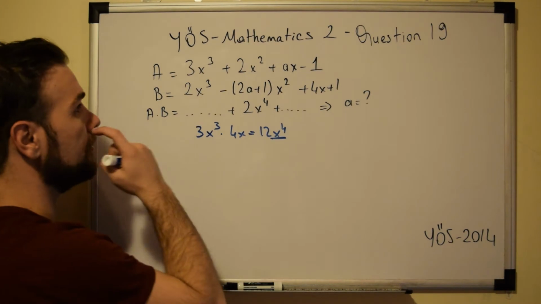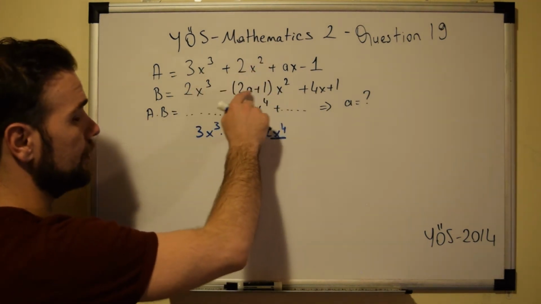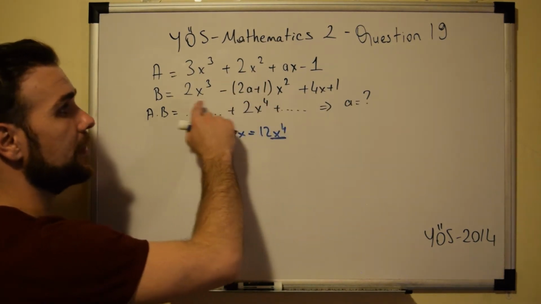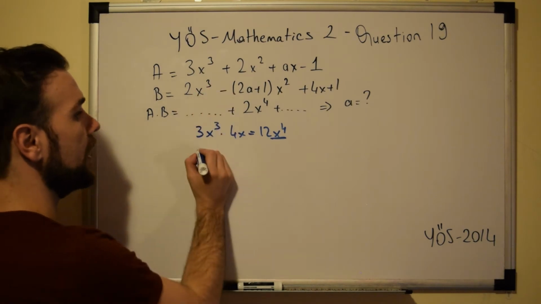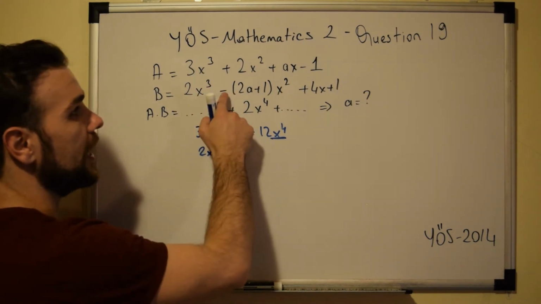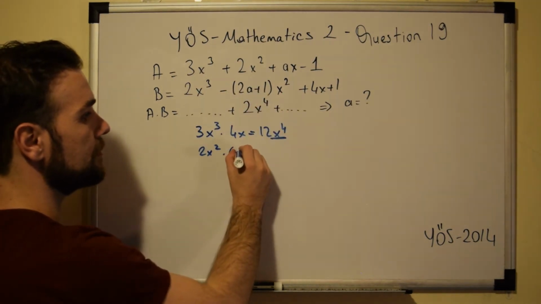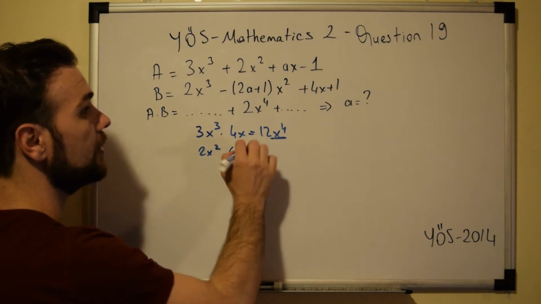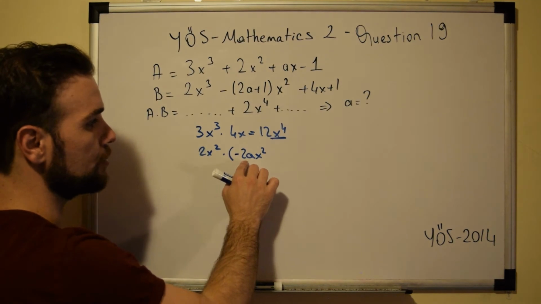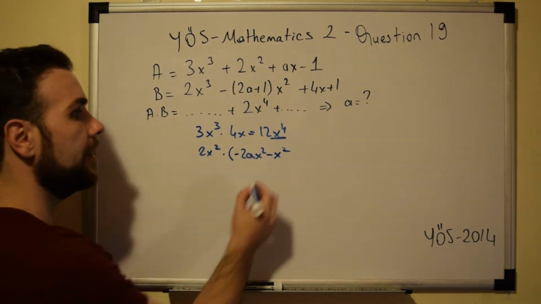Now we have 2x to the power of 2. Which variable from B do I multiply it with to give me x to the power of 4? It's minus (2a plus 1) times x squared. So I have 2x squared times minus (2a plus 1) x squared. Minus 2a times x squared gives me minus 2ax squared, minus x squared.